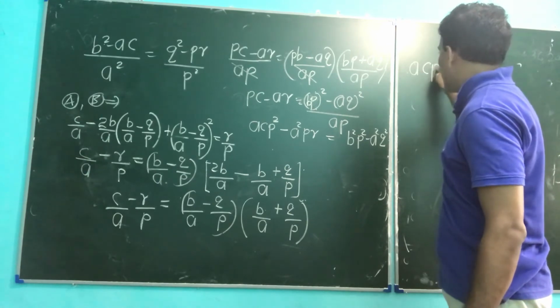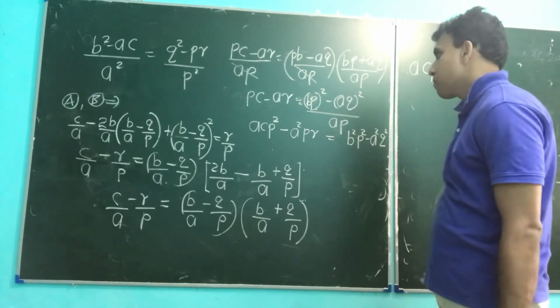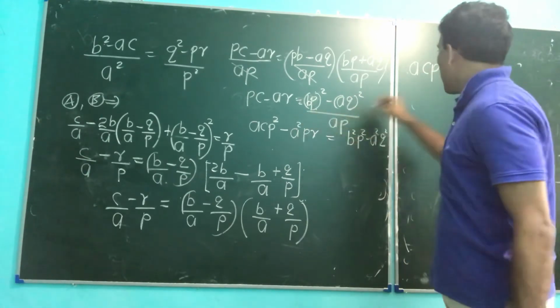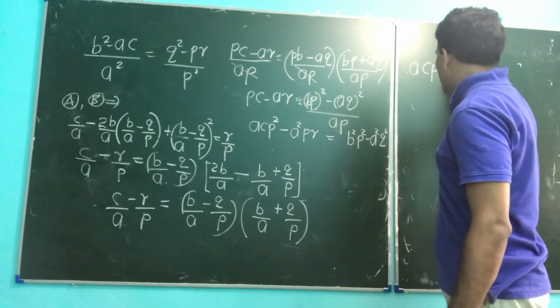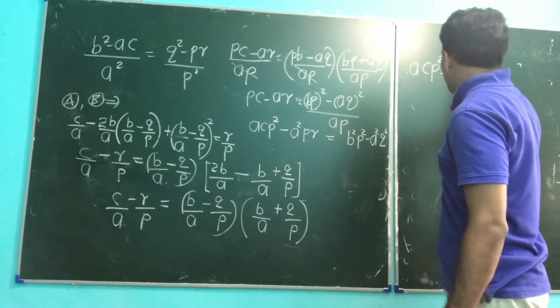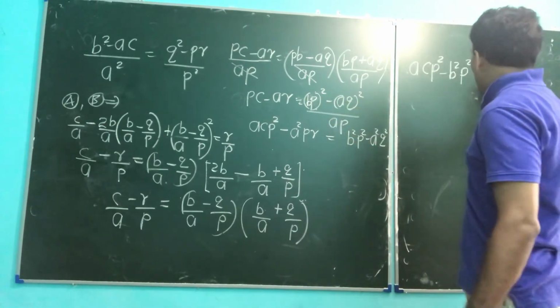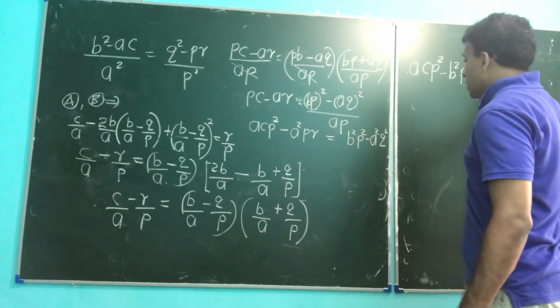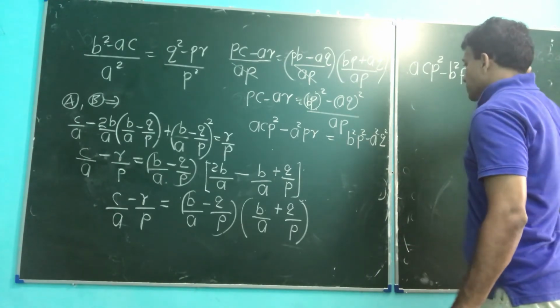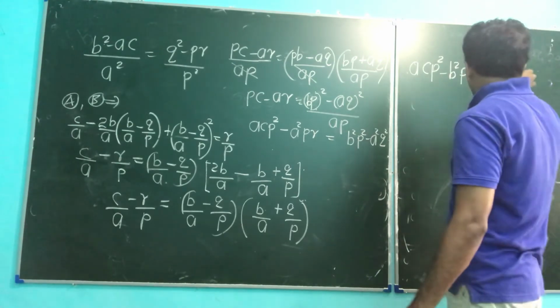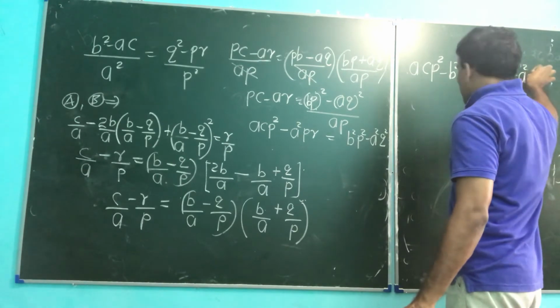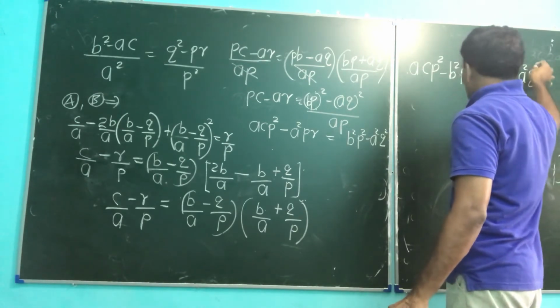ACP square, take minus B square P square. I took this to the other side, right? And here what? A square PR minus A square Q square R.